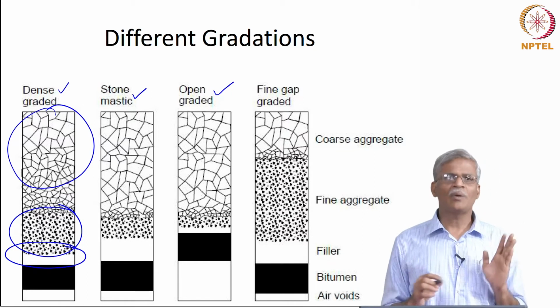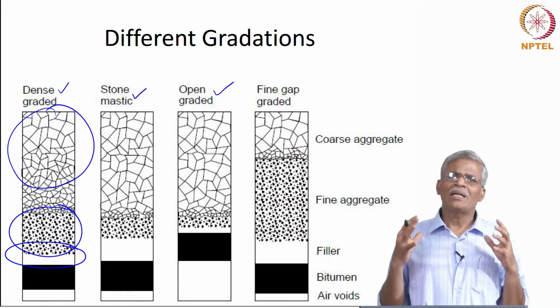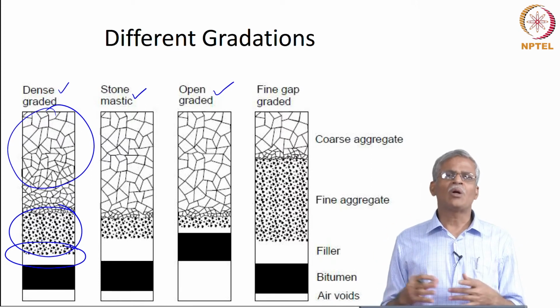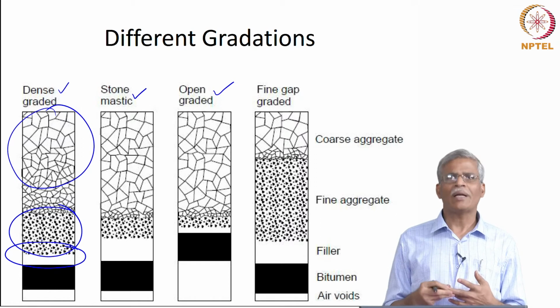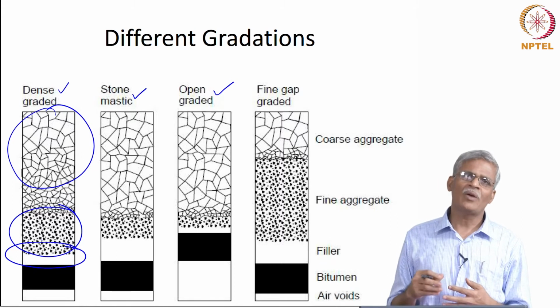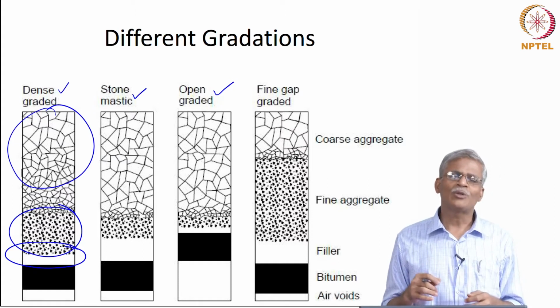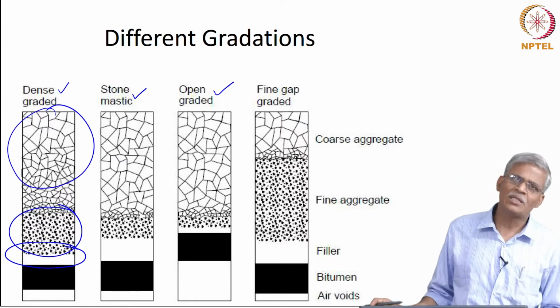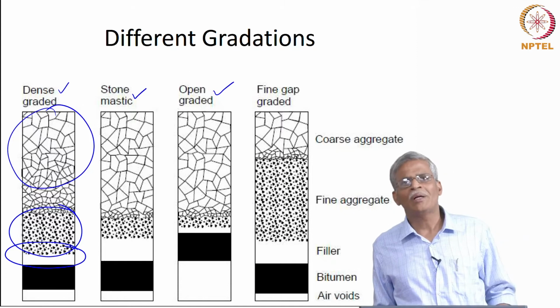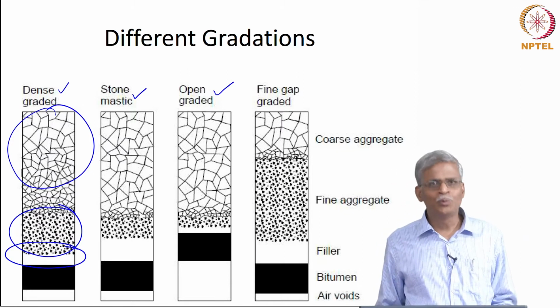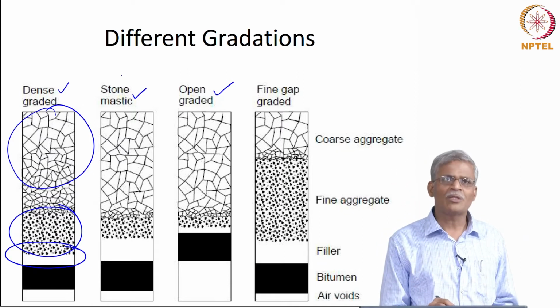So, this is your typical dense graded, but there is always a discussion on how do we really avoid rutting. So, if there is a way in which we could provide aggregate stone to stone contact, so that there will not be any subsequent densification, one could avoid rutting, and for that purpose different kinds of mixes have been designed.